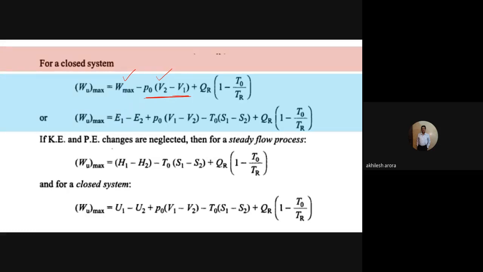So this much amount of work will be added in this particular case. And what was the value of this W max earlier? I have just shown you, it was equal to E1 minus E2 plus P naught into V1 minus V2 minus T naught into S1 minus S2 plus Qr into 1 minus T naught over Tr.